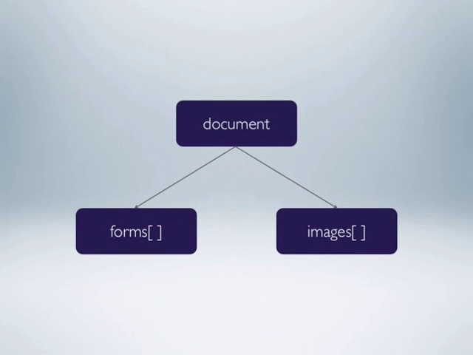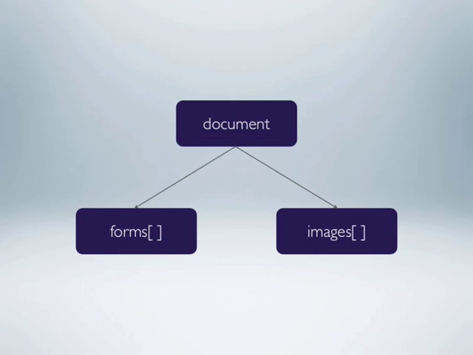A lot of the different objects that are available inside the document object model, the browser makes easily accessible to us. For example, below the document object, a special array is created called the forms array. Into that forms array, the browser will automatically put any forms that are translated into JavaScript objects from the current page, so that we have quick, easy access to them simply by doing document.forms and specifying an index number.